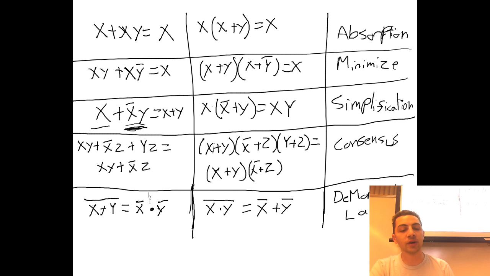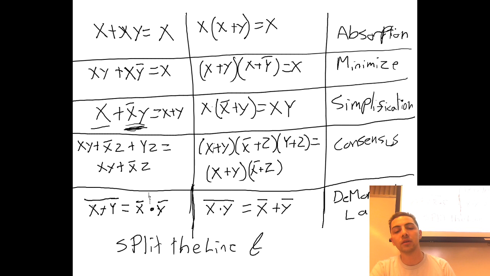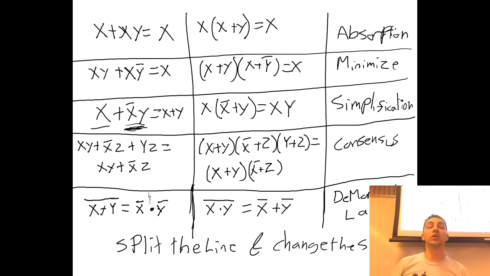Now, the trick to remembering De Morgan's law is split the line and change the sign. If you can remember that little mnemonic, you will be fine.